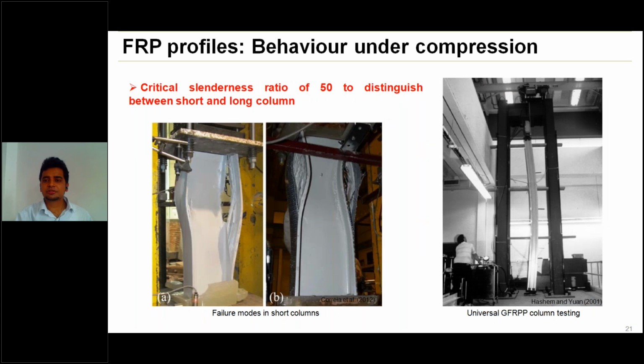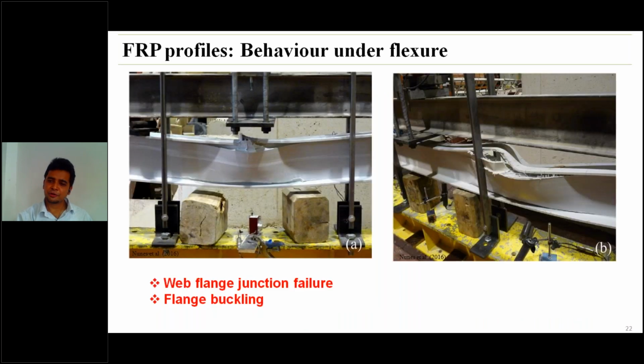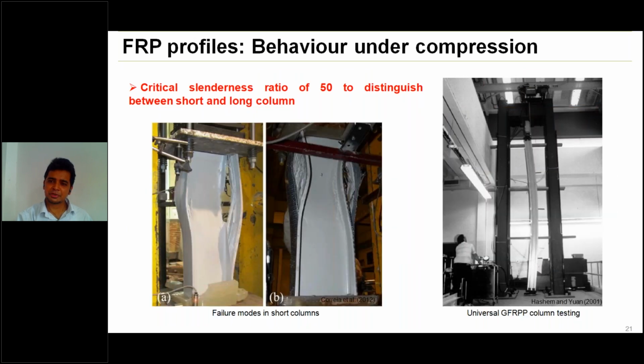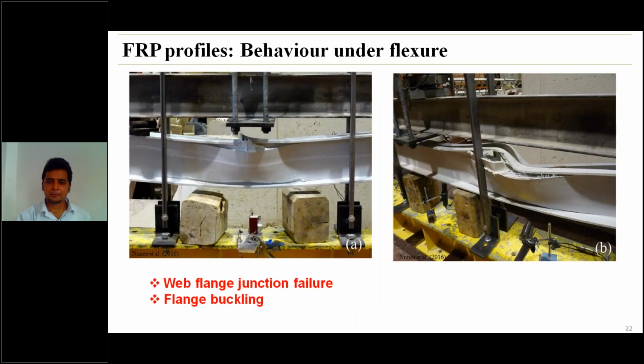Now coming to the structural behavior, in the main failure modes we see, instability phenomenon always predominates in case of both compression and flexural members. We can see the buckling patterns now. However, there is another type of failure which is a great concern for researchers, the web-flange junction failure.